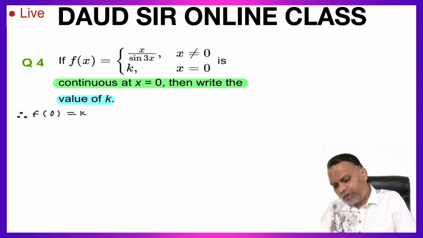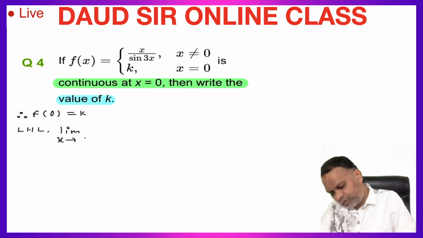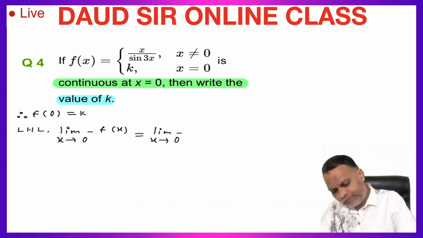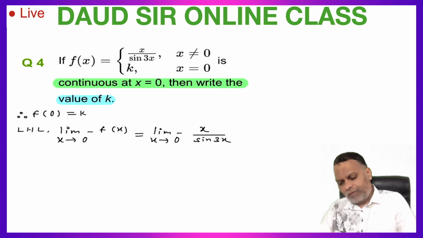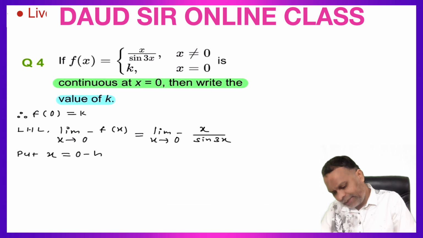For x not equal to 0, left hand limit: limit x tends to 0 minus f of x is equal to limit x tends to 0 minus x upon sine 3x. Now for left hand limit we have to put a minus h, here a is equal to 0, so put x is equal to 0 minus h.